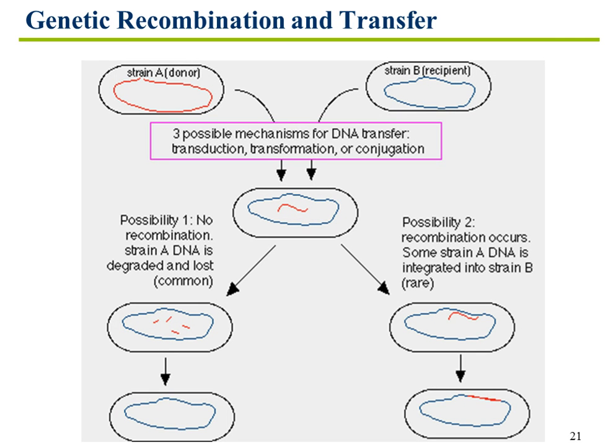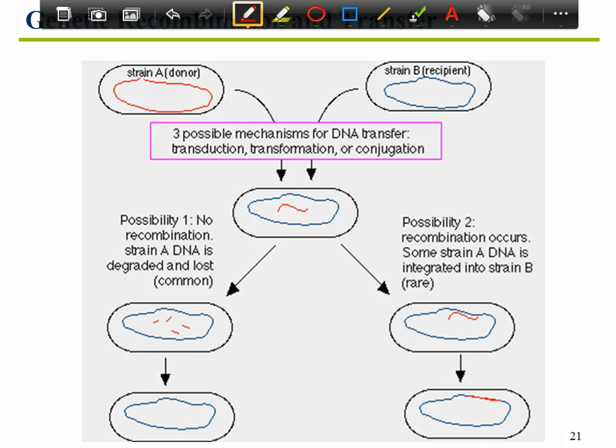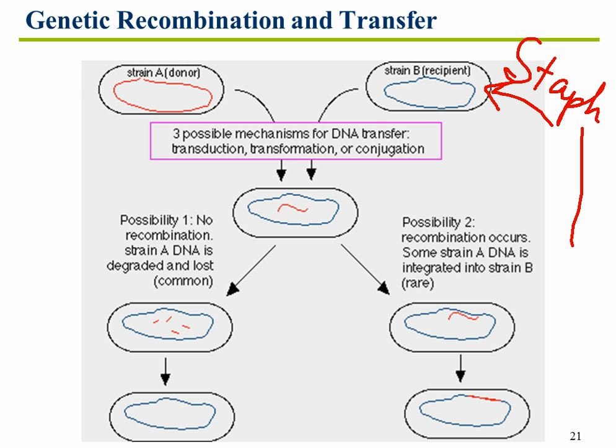Here's the overall view. Over on our right, let's say here is a staph. Well, it probably wouldn't be a staph because staph's not a bacillus, but let's go with it anyway. Its chromosome is in blue. And over here on the left is an E. coli, and its chromosome is in pink.